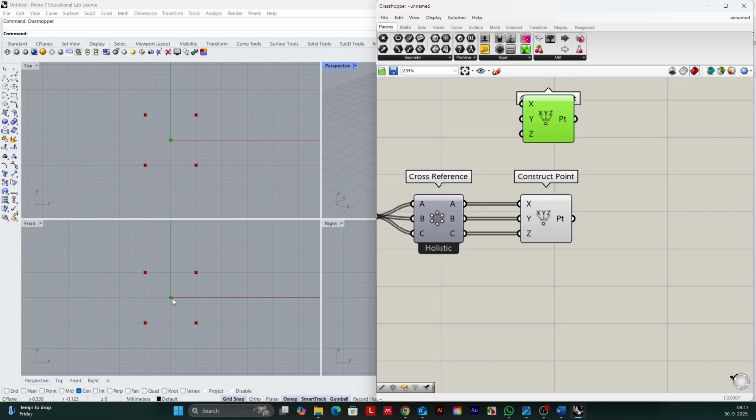This is our body center node, which will be connected with each point at every single one of the 8 corners in total.